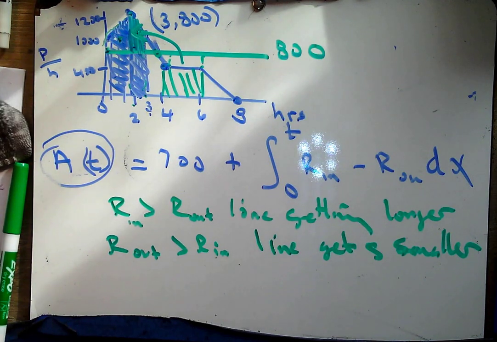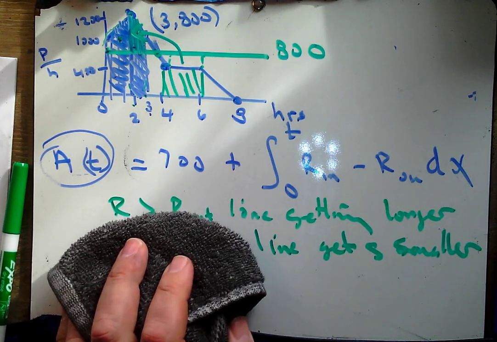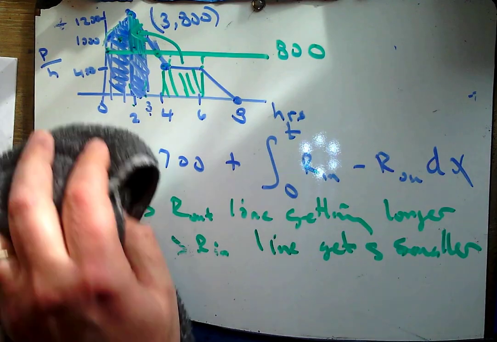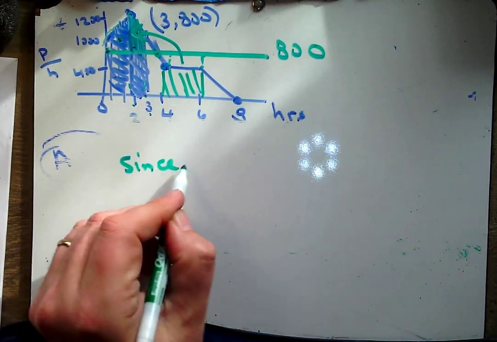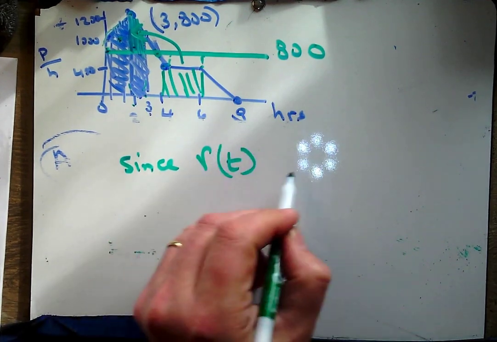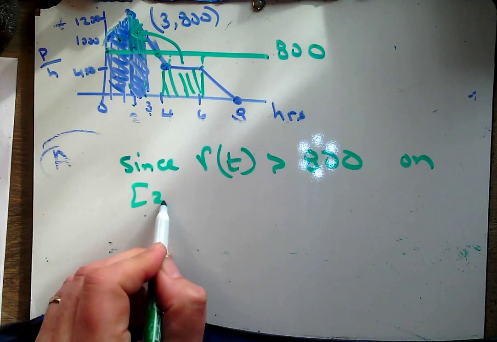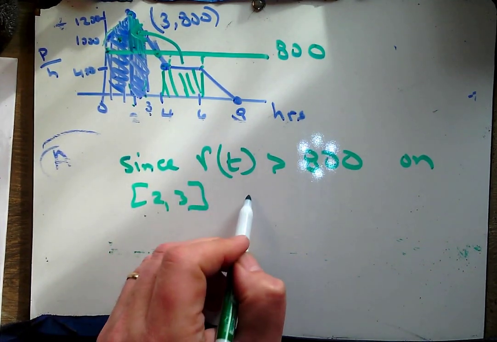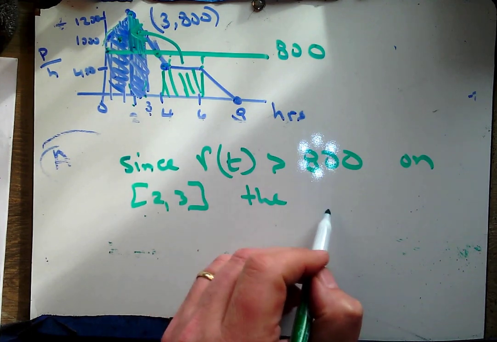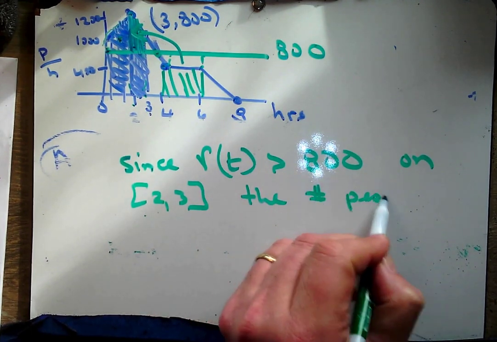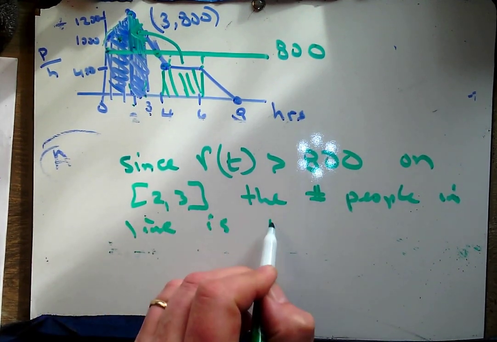So what am I going to say? What's my justification here? Because the question is, is the number of people waiting in line increasing or decreasing from 2 to 3? And I'm going to say that since R of t is greater than 800 on 2 to 3, the number of people in line is increasing.